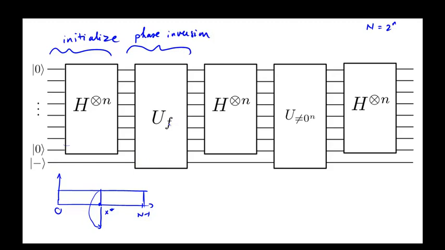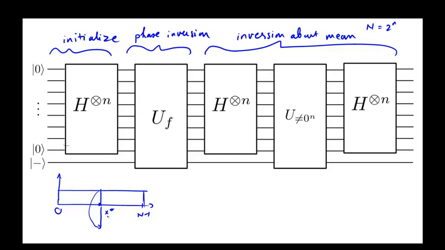Then we want to do an inversion about the mean. And remember, our circuit for that was you do a Hadamard transform, then you have the circuit for checking whether the input is the all 0 string, and if not, then it outputs 1. But again, since our answer bit is a minus, that puts the answer in the phase. And then we do a Hadamard transform again to switch back into the standard basis.